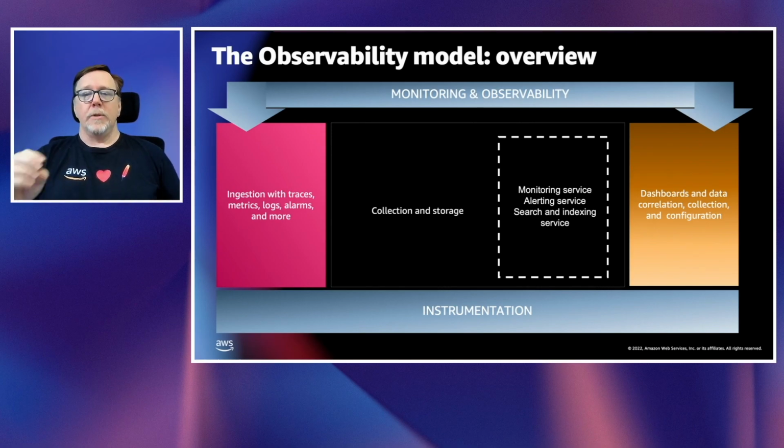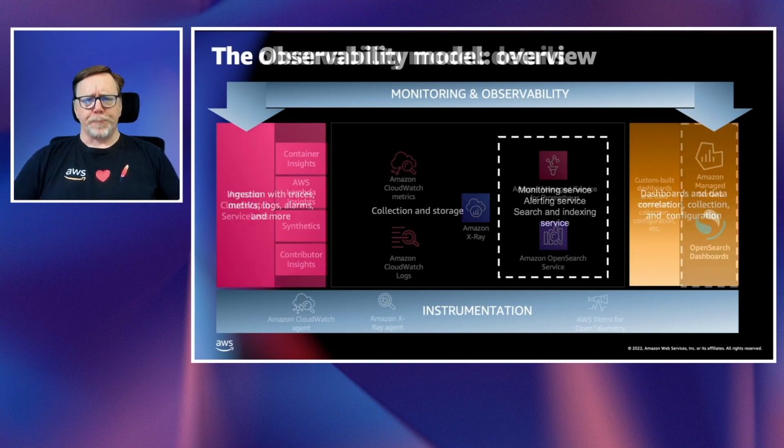But you also want to be able to search and index that data in order to find the problems that you're having. And then finally, we end up with a visualization layer where you can build dashboards that enable you to correlate data that's coming in through this pipeline and also figure out what's going on.